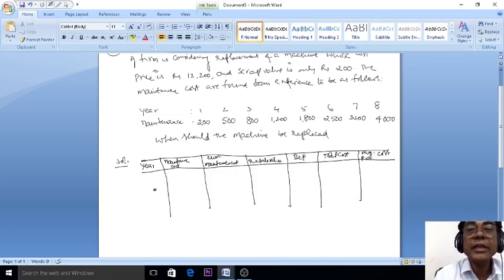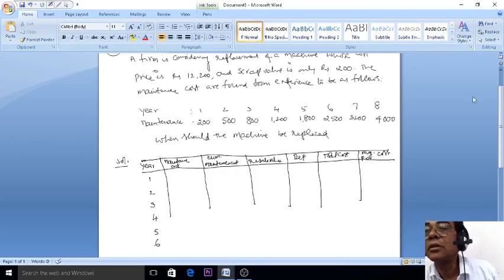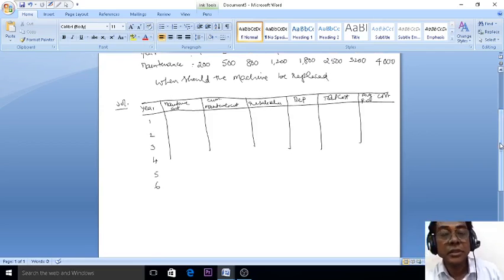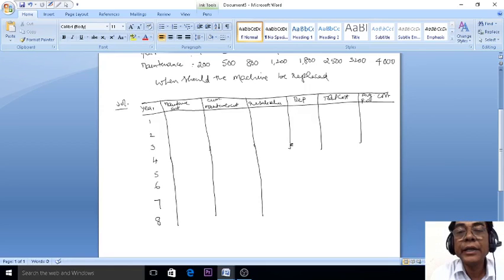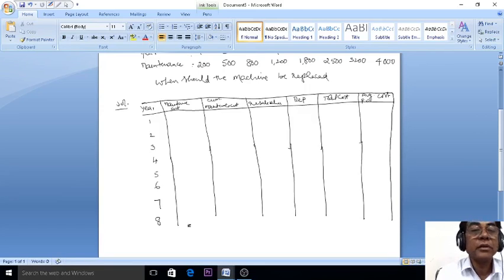Okay, so year up to age 1, 2, 3, 4, 5, 6, 7, 8. Enter the values in the tabular form.